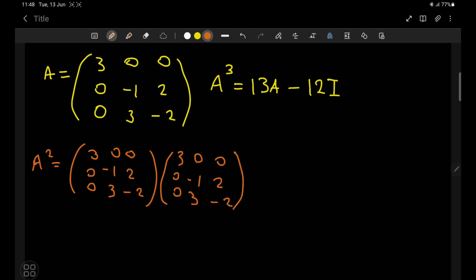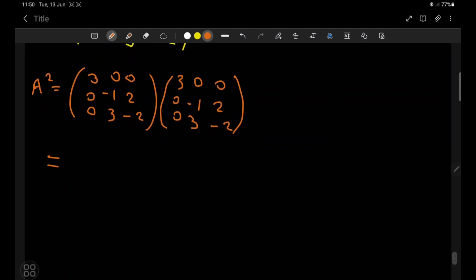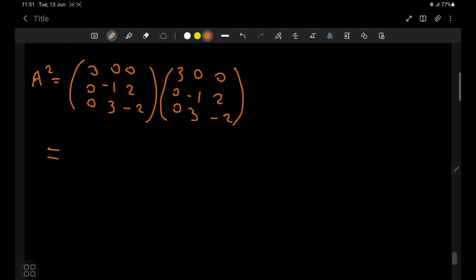Okay. So multiplying this matrix, the multiplication will go with row by column, row by this column, row by column, just like that.